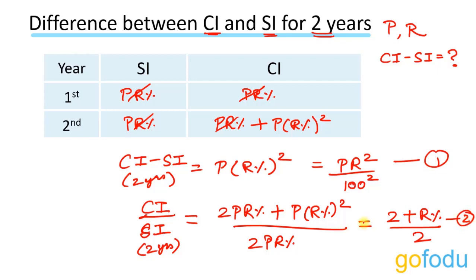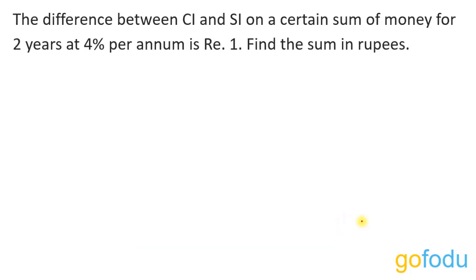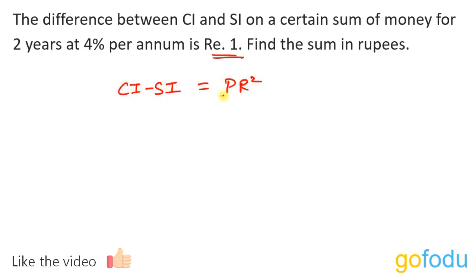Okay, let's solve a question. The difference between CI and SI on a certain sum of money for 2 years at 4% per annum is rupee 1. So we know that CI minus SI for 2 years is PR square upon 100 square.